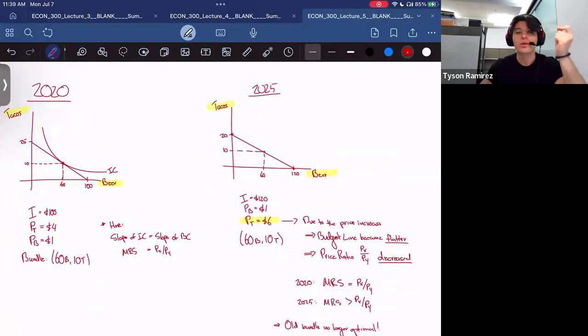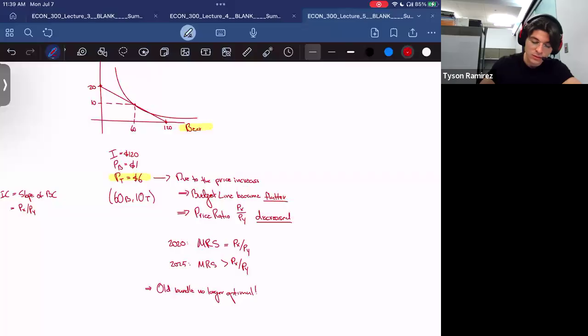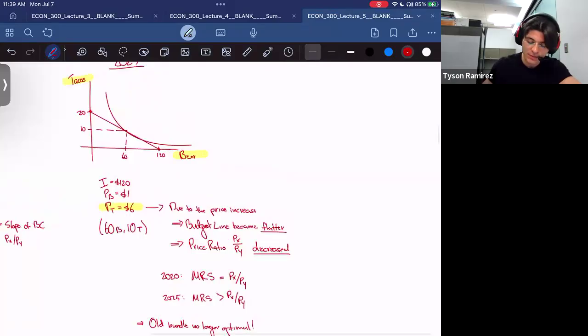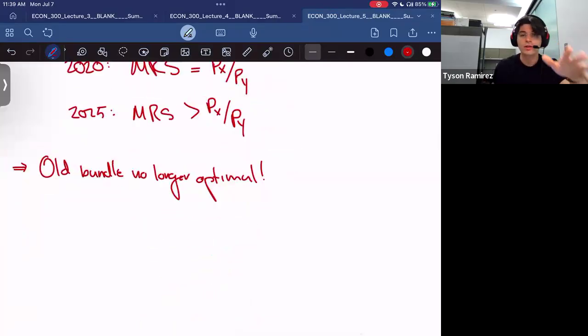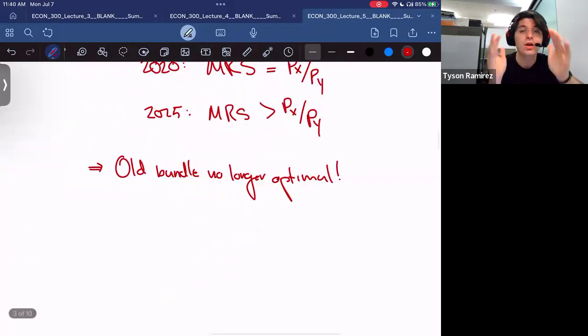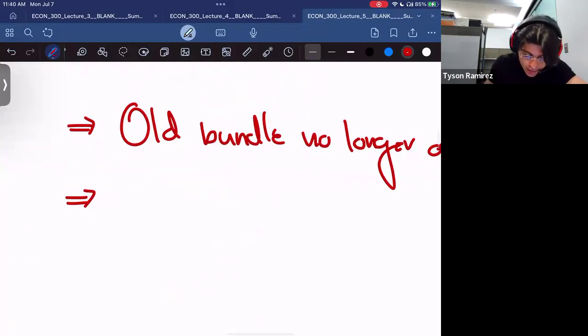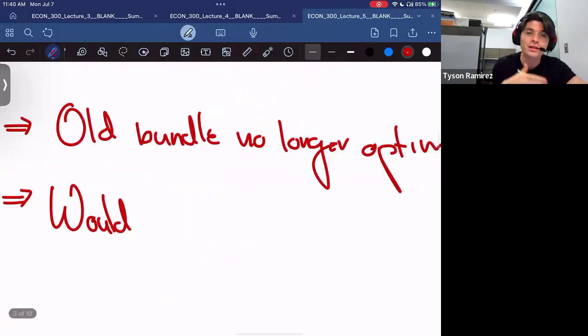And from our assignments, what do we know about that? I tried to clean up the graph a little bit, maybe unsuccessfully, but what do we know? If the MRS is greater than the price ratio, that means the marginal utilities are out of whack. This means that the old bundle is no longer optimal, and it would be better to consume more of the good on the x-axis.